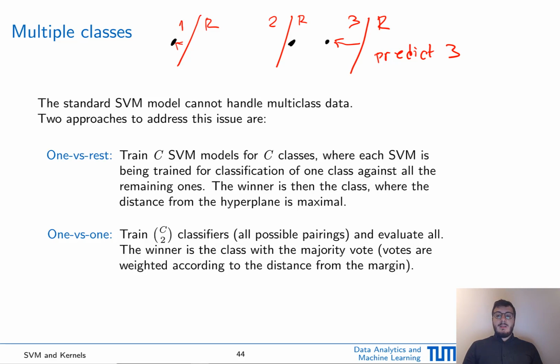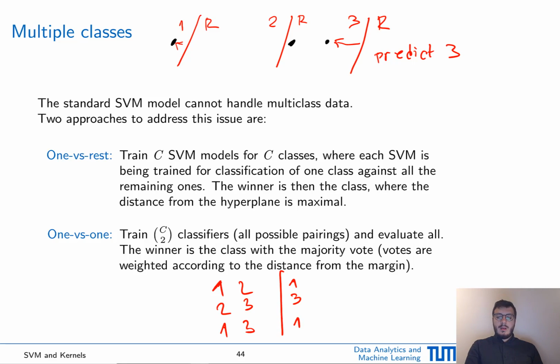The other approach is to consider all possible pairings of classifiers and look at the majority vote or the weighted majority vote. So we would try to classify, is it class 1 or class 2, class 2 or class 3, or class 1 or class 3. Then let's say we plug in a new data point, and here it says I think it's 1, I think it's class 3, I think it's class 1.